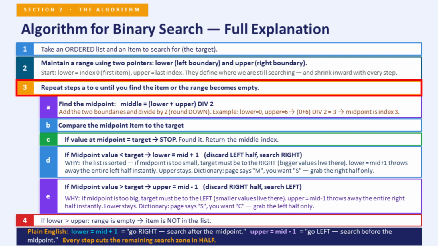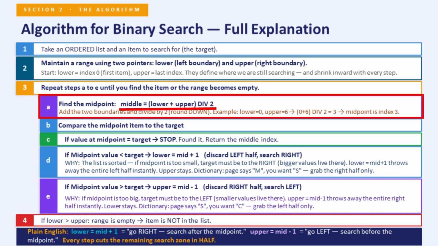Step 3. Repeat the following steps until you find the item or the range becomes empty. Sub-step A. Find the item in the middle of the current range, the midpoint. The formula is middle equals (lower plus upper) div 2. Let me explain why this formula works. Lower is the index of the left boundary. Upper is the index of the right boundary.